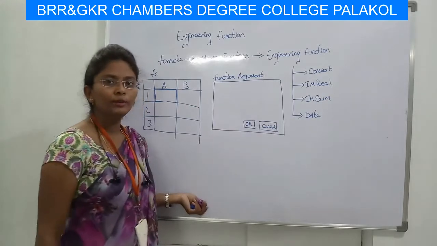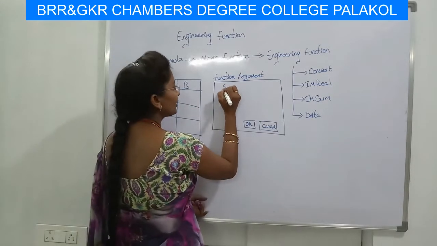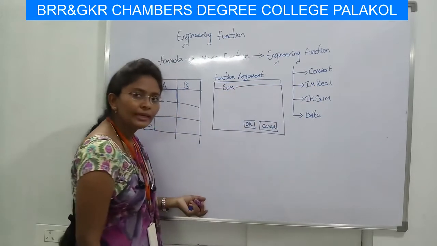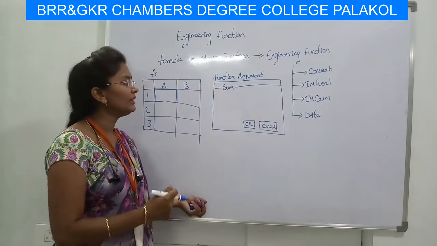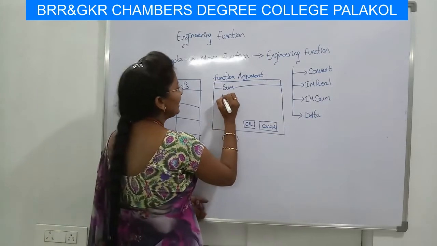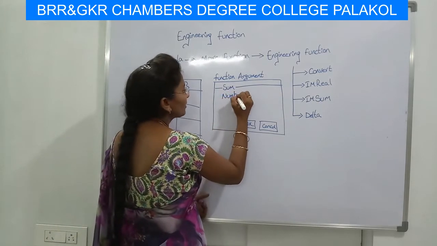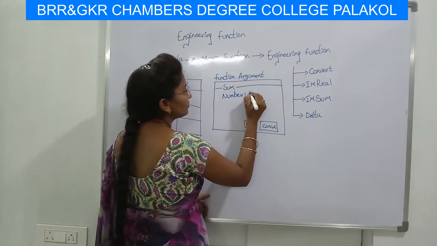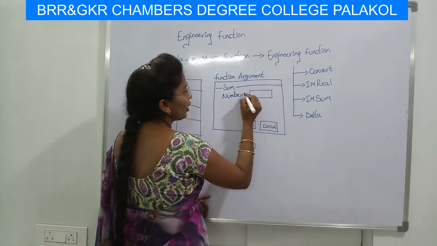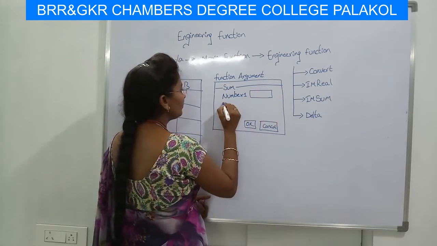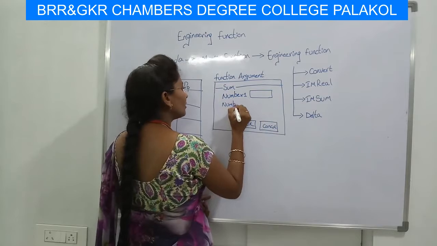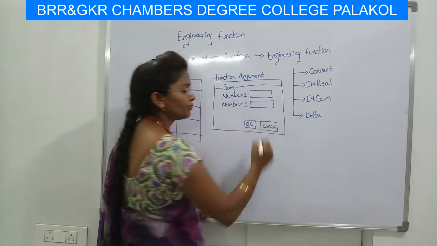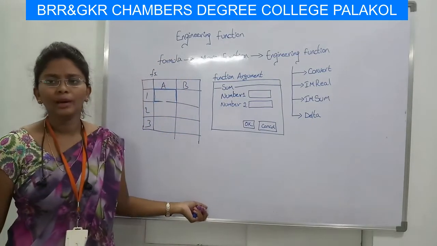The function arguments will appear. The function type is sum. In this sum, the numbers will be displayed as number 1 and number 2 in the dialog box.